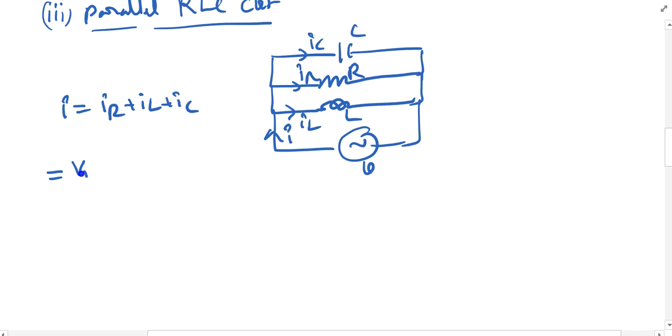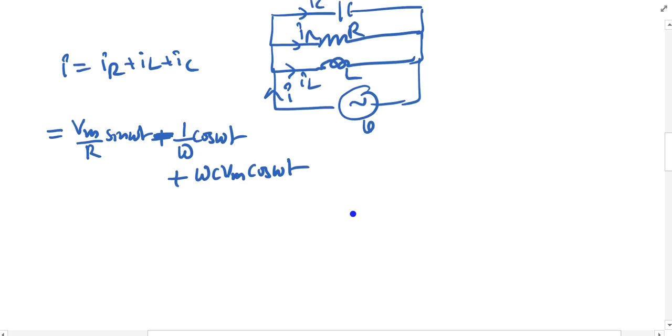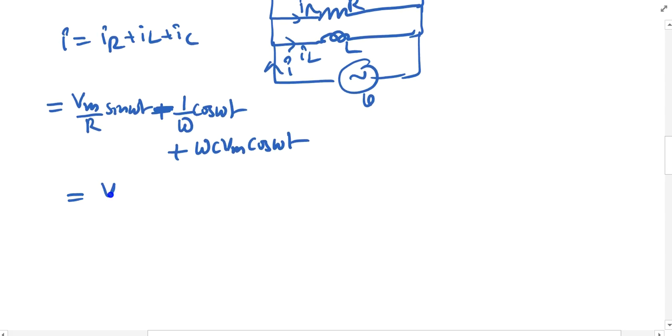or you can write Vm by R sin omega t plus, if you take the integration of this one, directly you can write minus 1 by omega L cos omega t, and plus omega C Vm cos omega t is coming. You can simplify this, then Vm by R. I am writing the direct steps here, so you can go for the simplification in detail later in this class also.